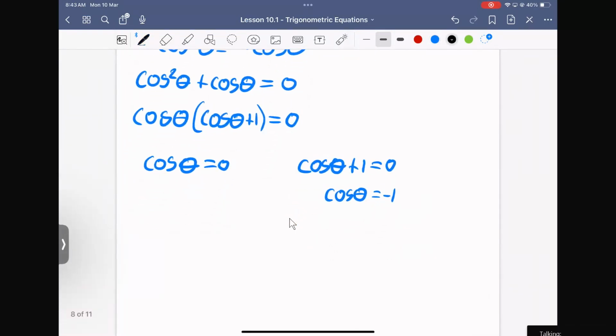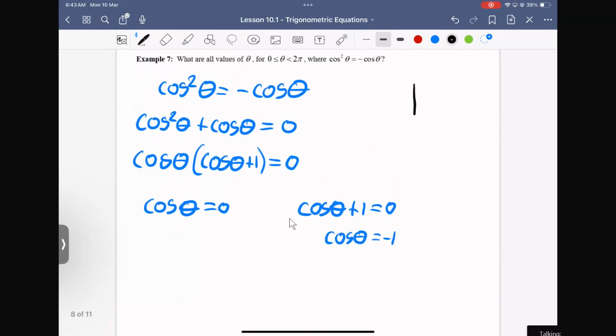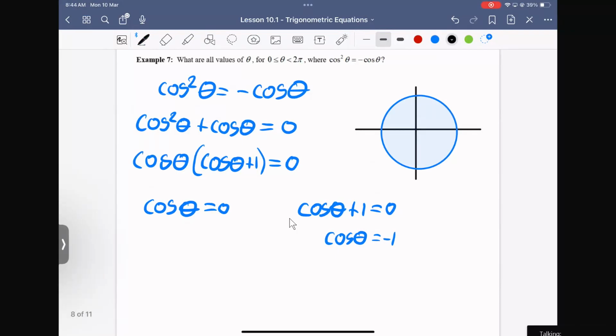So if I just pull up a unit circle for us here, is it the y values or the x values for cosine? It's the x coordinates on the unit circle. So we want the x coordinate to be 0. The first equation is going to have solutions here and here, and the second equation is going to have a solution here. We only want solutions in the interval 0 to 2 pi.